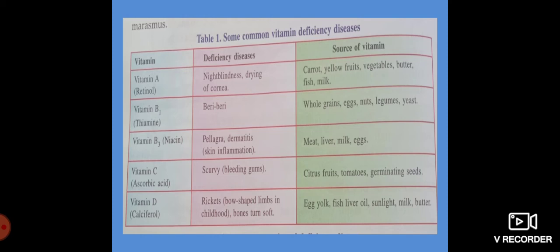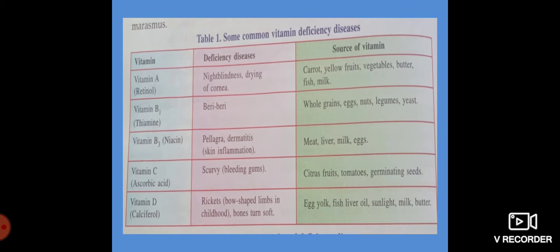And next is vitamin B3, also known as niacin. The deficiency of vitamin B3 causes pellagra and dermatitis. Dermatitis means skin inflammation.